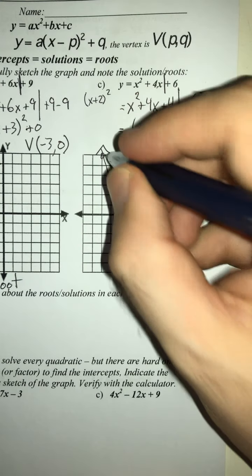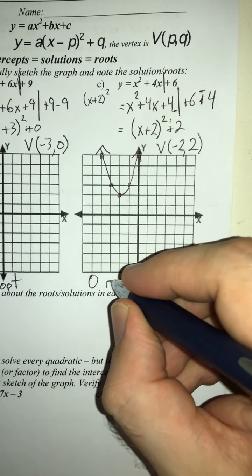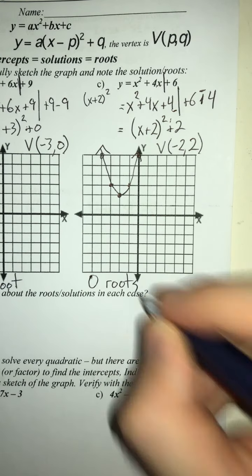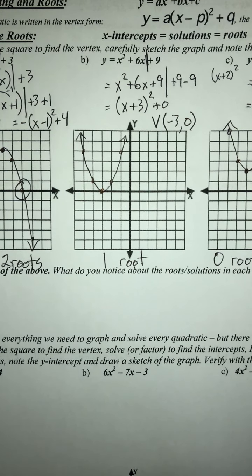So how many times did I cross the x-axis in this one? 0. So there are 0 roots. So there are 3 different cases with the number of roots that I can have for a quadratic. I could have 2, I could have 1, I could have 0.